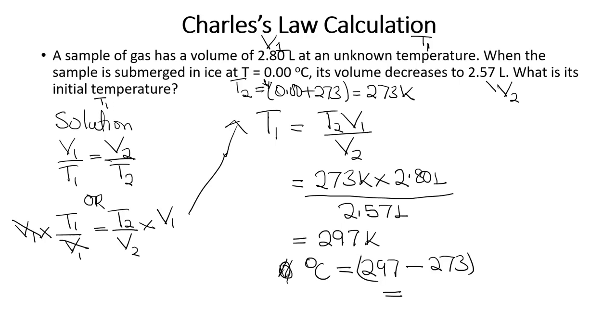So for that, we get our temperature in degrees Celsius as 24 degrees Celsius. So a problem like this one, you can leave your answer in Kelvin, or you can convert back from Kelvin to degrees Celsius. But if you are solving the problem, make sure that you are always using Kelvin in the problems.